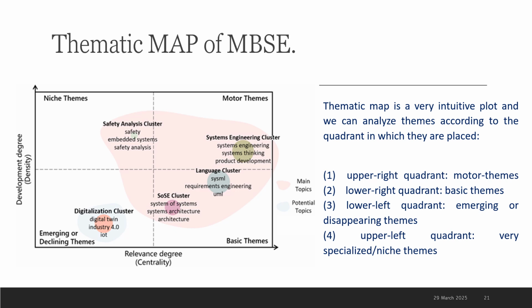Emerging or declining themes in the lower left part of the diagram show the digitalization cluster, digital twin, IoT, or Industry 4.0, which suggests the evolving trends. And the niche themes in the upper left show the safety analysis cluster, which focuses on safety, embedded systems, and safety analysis.